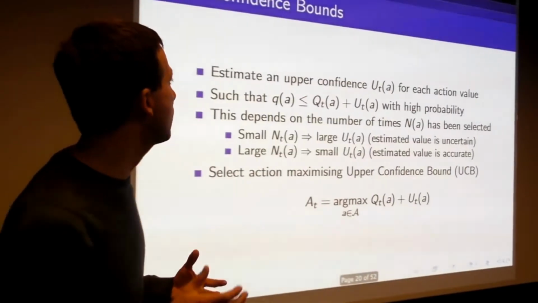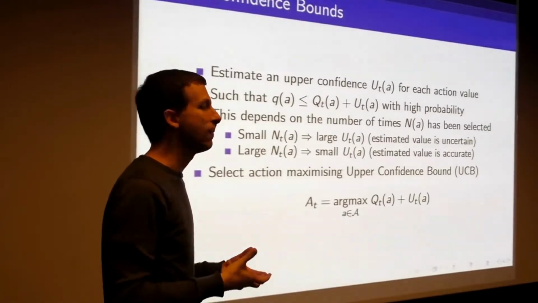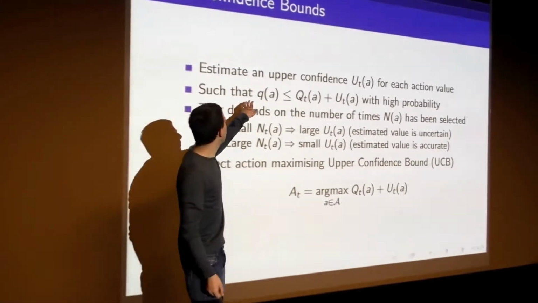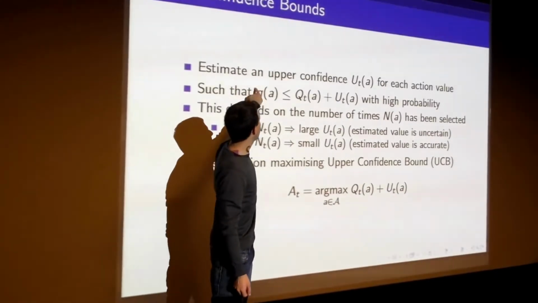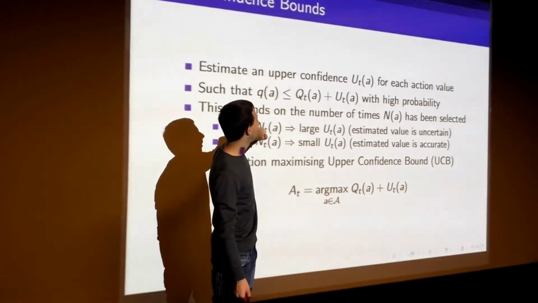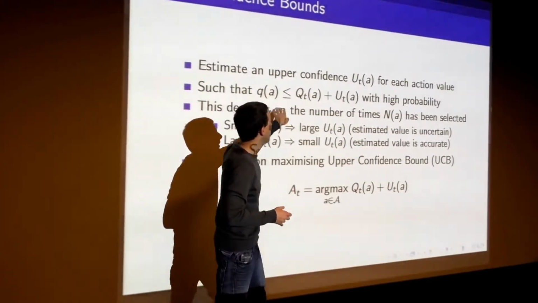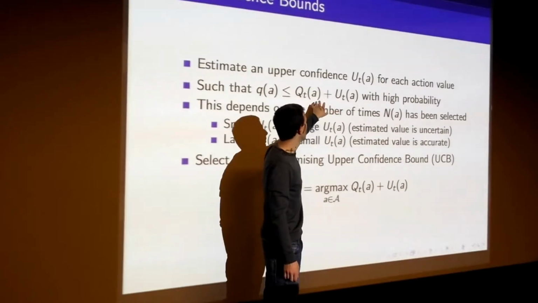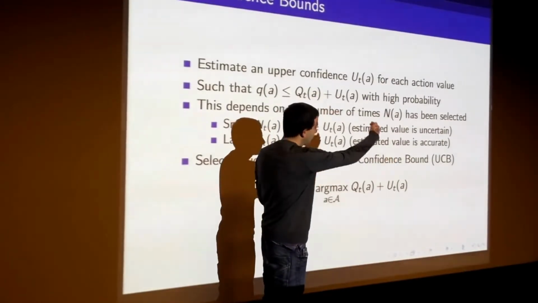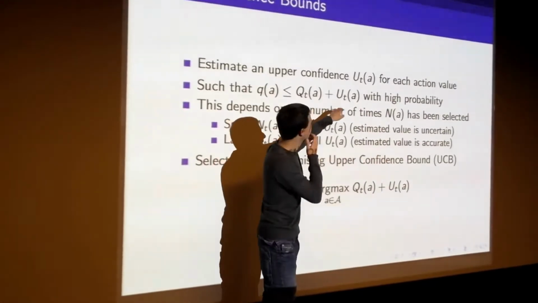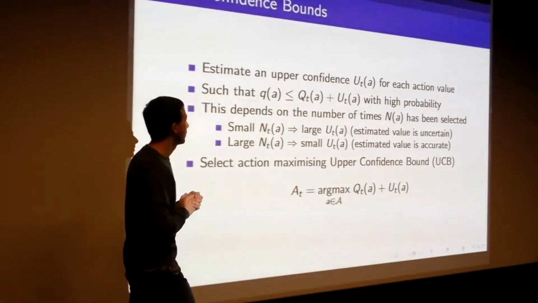We're going to pick the thing with the highest upper confidence value. So that basically means we're going to pick the one where the true action value, Q(a), we want to pick something where we're really confident that the true value is less than our upper confidence bound. So we're going to pick an upper confidence bound, this 95% confidence range, and pick the thing with the highest upper confidence value.